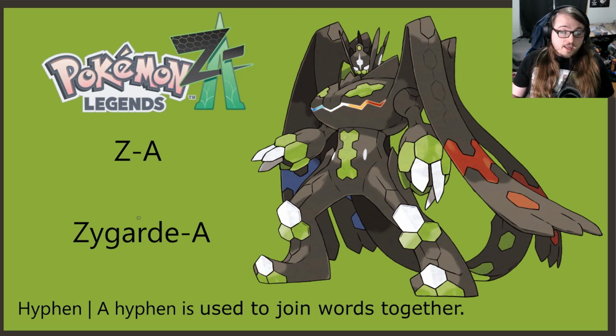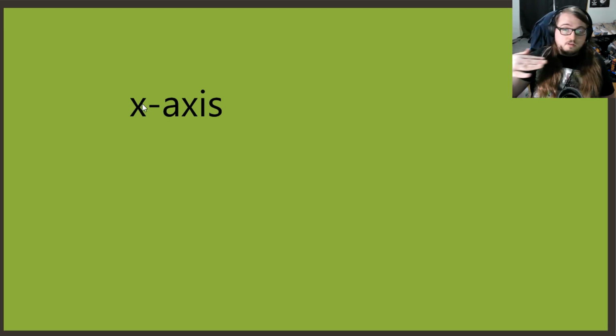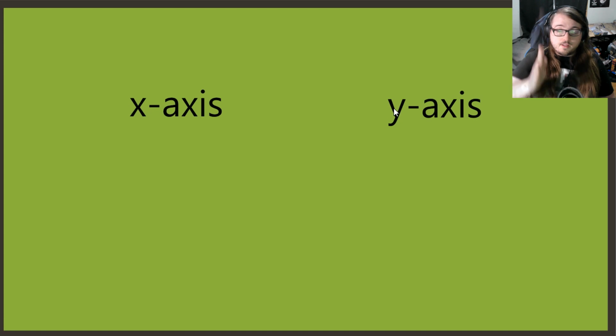But the Z-A could also refer to another thing. As we all know about Pokemon X and Y, they're based on coordinates. The x-axis, for Xerneas, represents the ground, the side one, and then we have Yveltal, which represents the up one, which also indicates the sky, death, life and death.